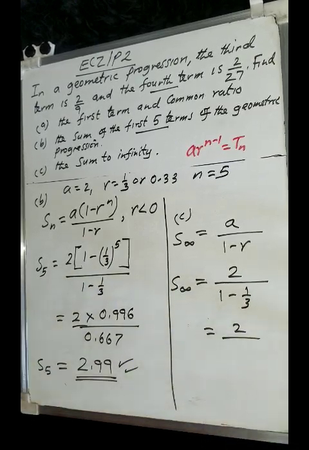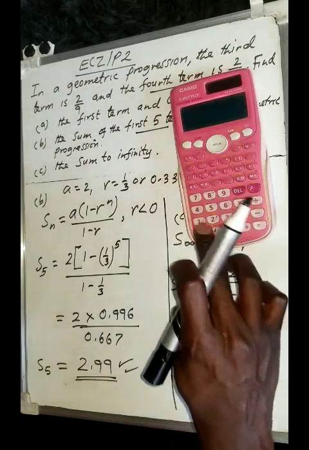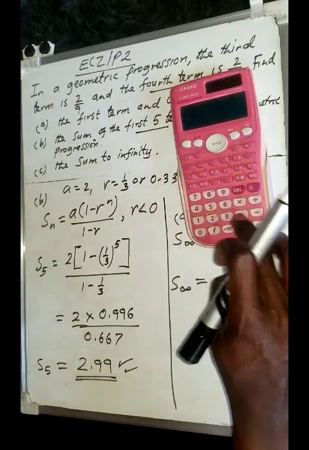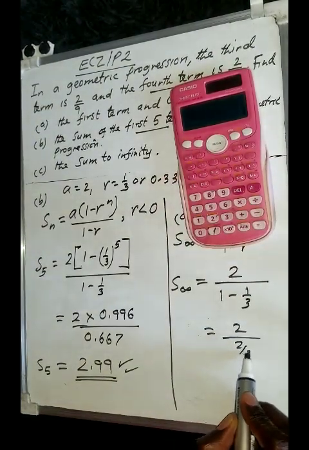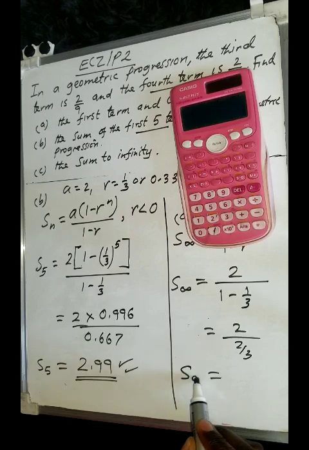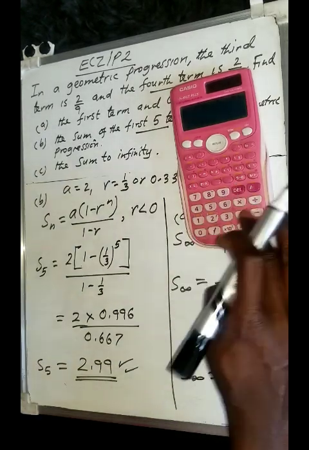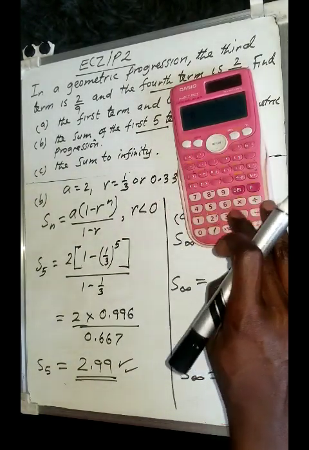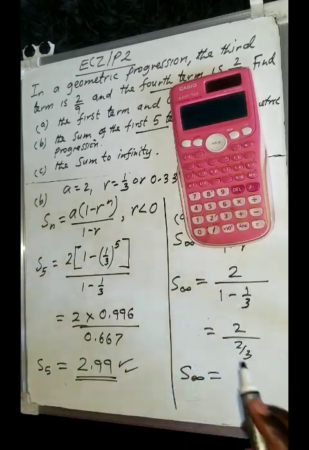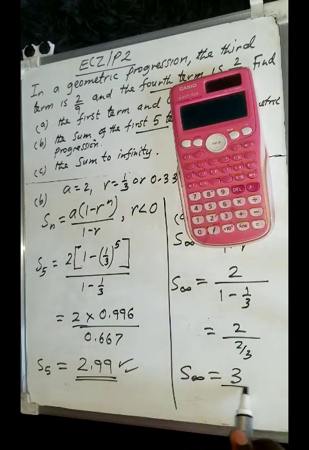So it will be 2 over, if you subtract there, 1 minus 1 over 3, that will give you 2 over 3. And therefore my sum to infinity, 2 divided by 2 over 3, is the same as just 3. So this is what you're going to have. That is the sum to infinity. So that is what the question wanted you to do.